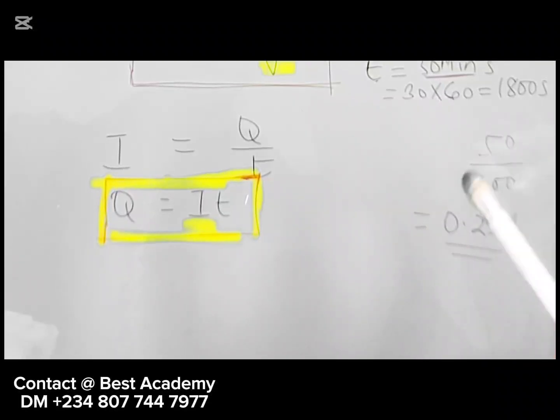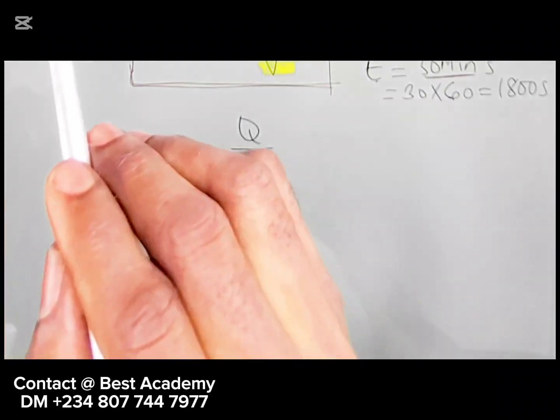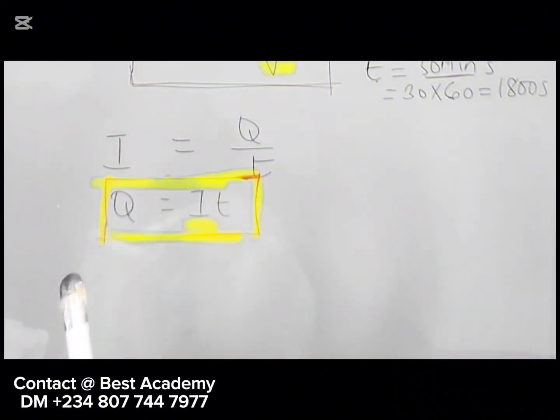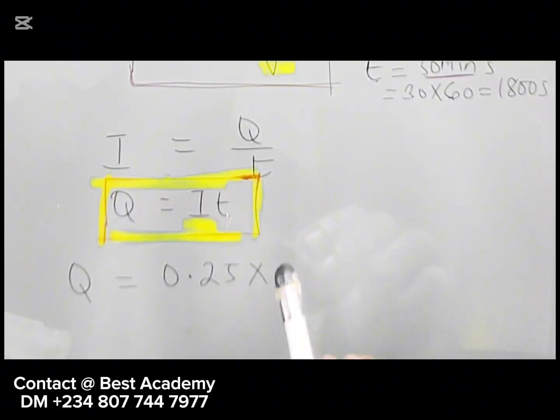So our Q is going to be 0.25 times 1800. Now let's punch our calculator here to have the answer.